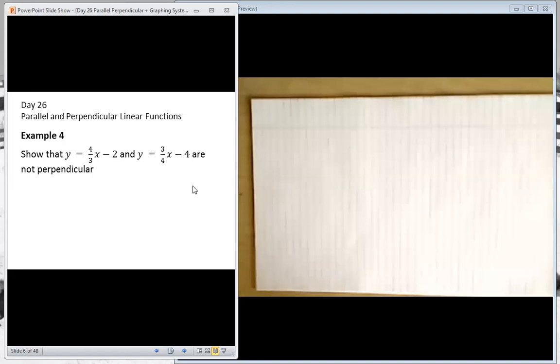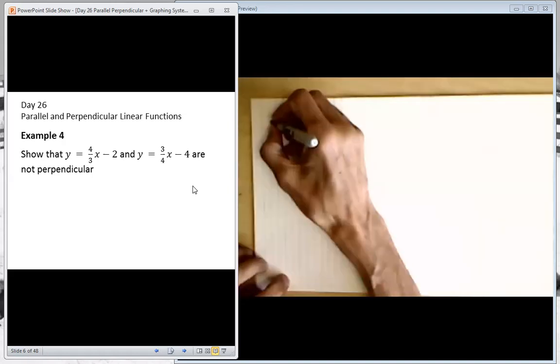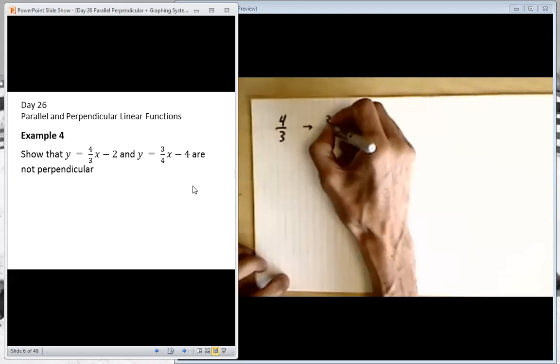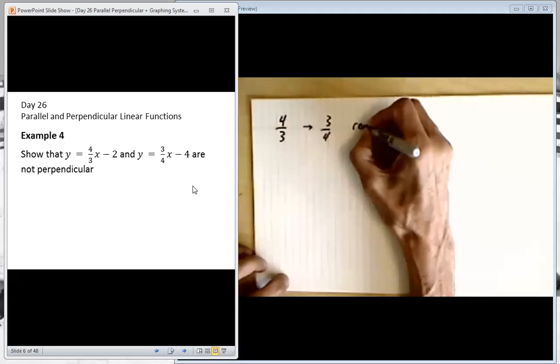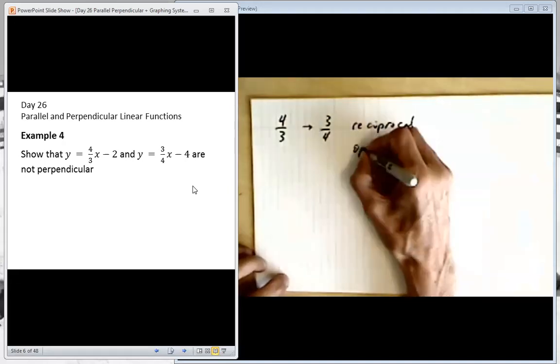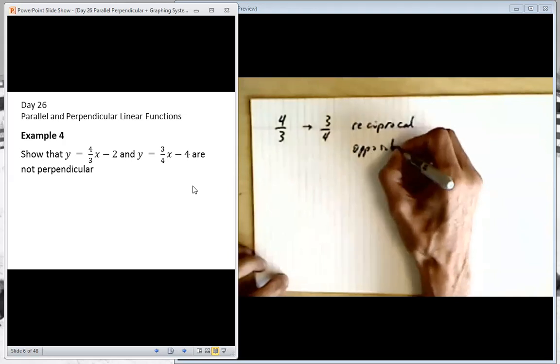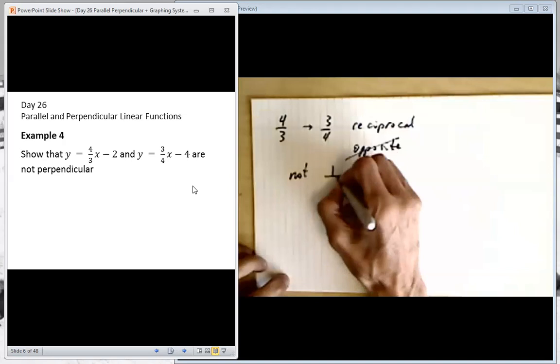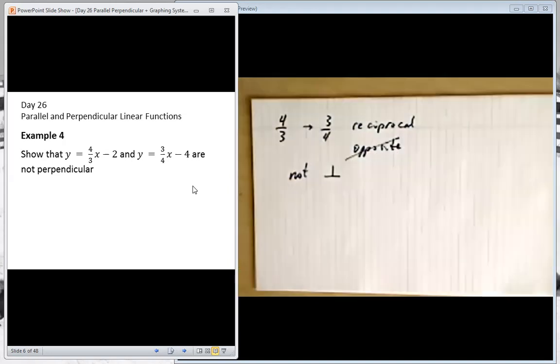That's right. The signs there are the same. Need the signs to be opposite. We have the reciprocal part, that's okay, but they're not opposites. So if they're not opposites, that means they are not perpendicular to one another. They'll meet at some other angle.